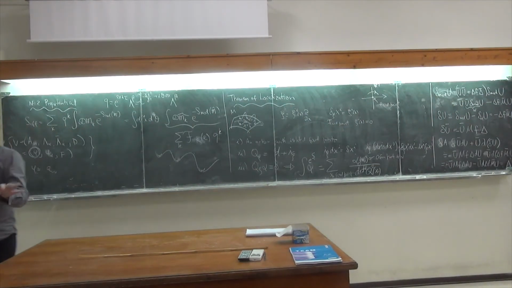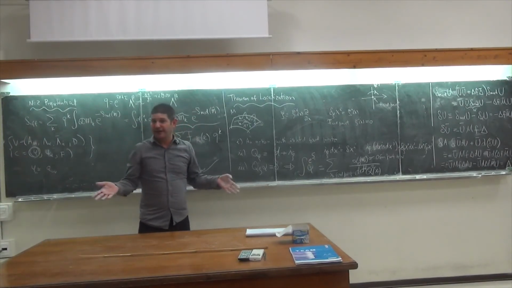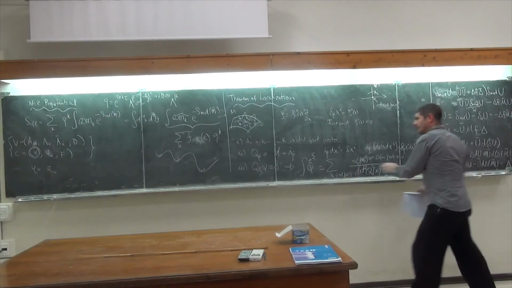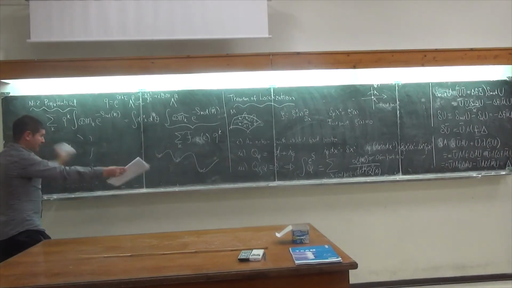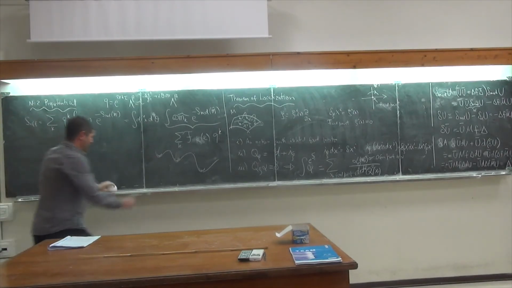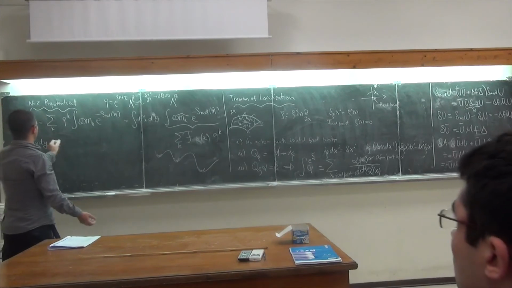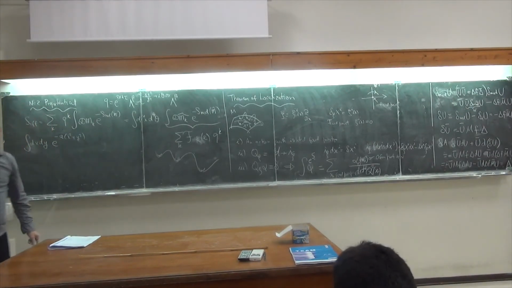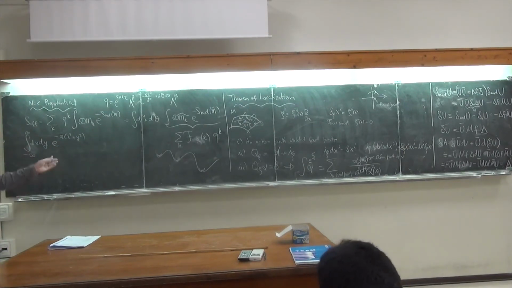Now let's do the simplest computation you can do in localization: the Gaussian integral. This is an integral for which you already know the answer, so we can check if this theorem is correct. Let's compute the integral of dx dy of e to the minus x squared plus y squared.